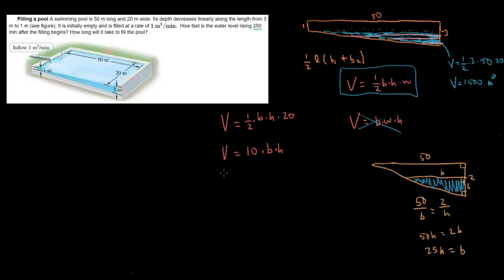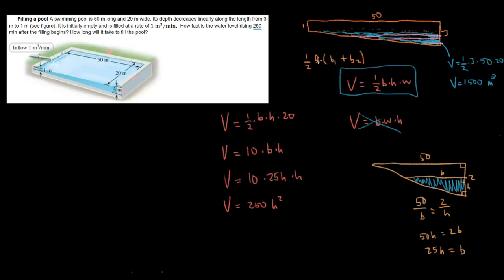So now I have an expression for volume: 10 times 25H, which is B, times H. And so volume equals 250H squared. So now I have an equation for volume for any height, but this is only valid when we're in this triangular region.